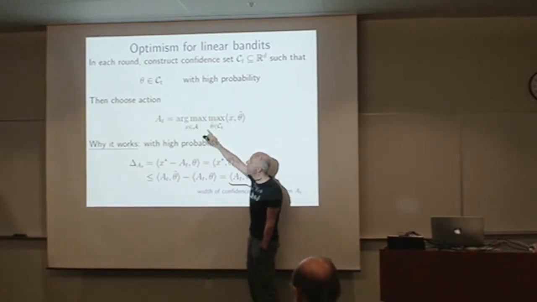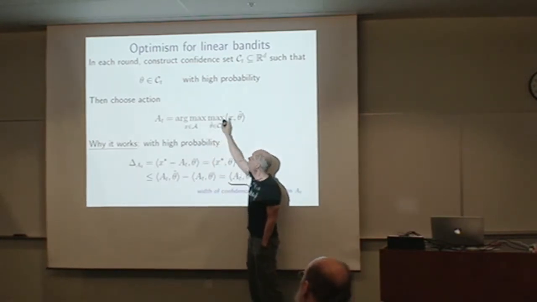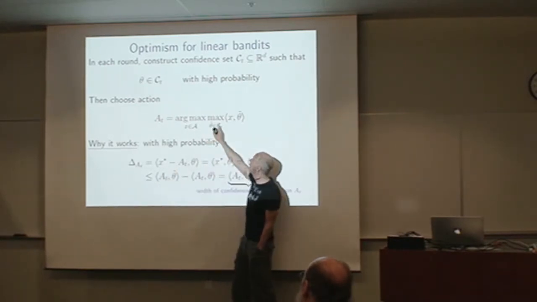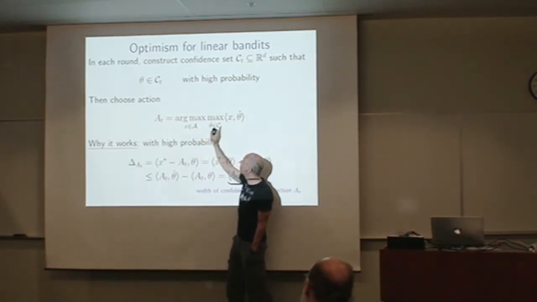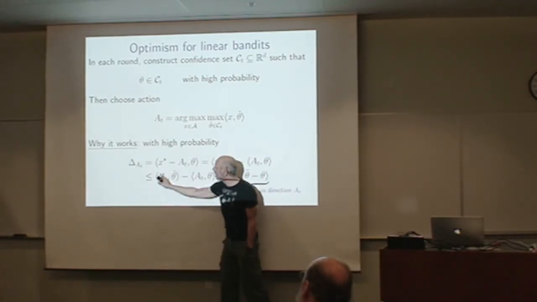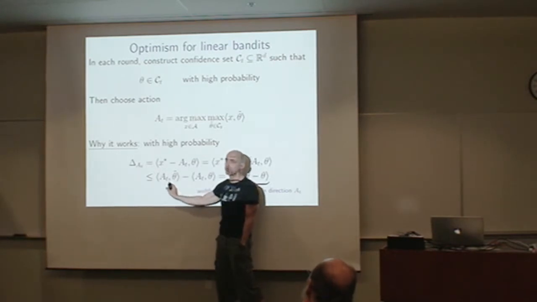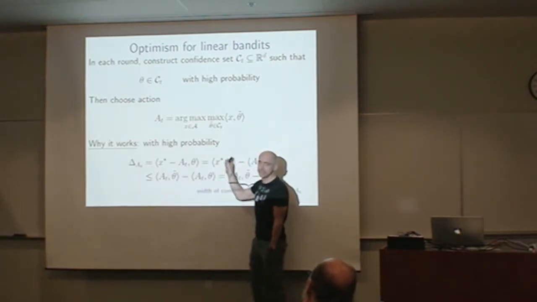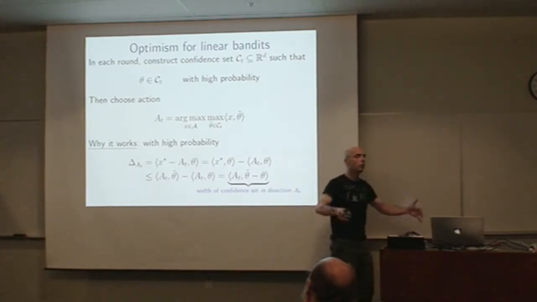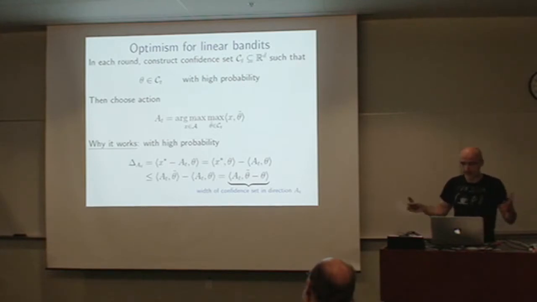Theta is in that, x star is in that, so this was overall best in this set of A cross C_t. Therefore, my choice, which is the overall best choice over all these possibilities, is better than this fixed choice. I was enlarging the confidence set so that it contains the true unknown parameter, and that's it.